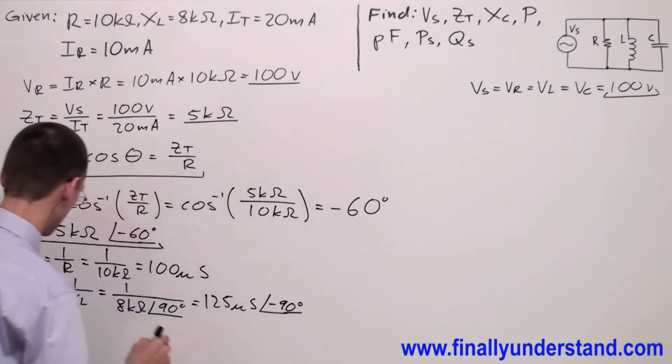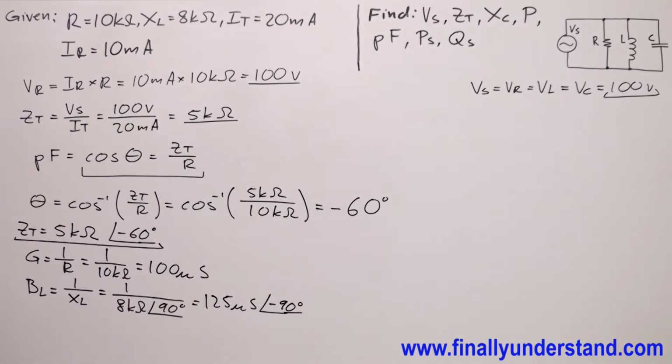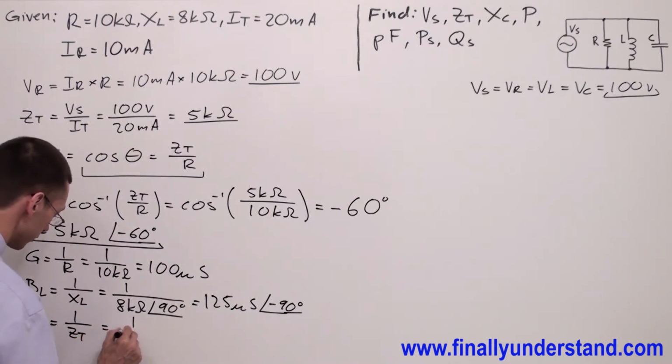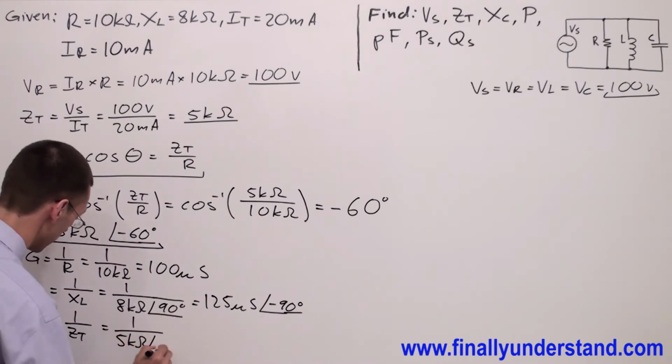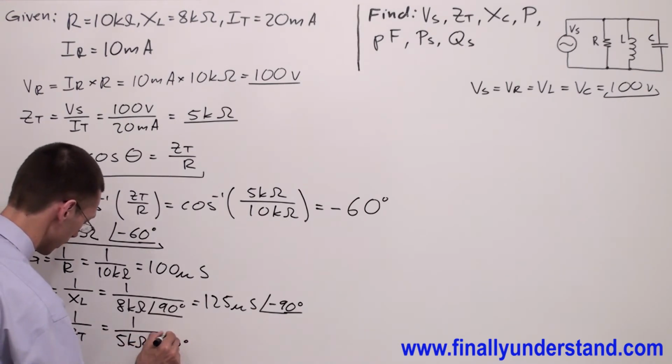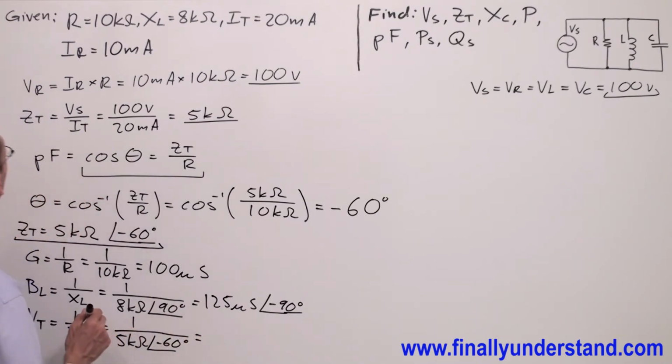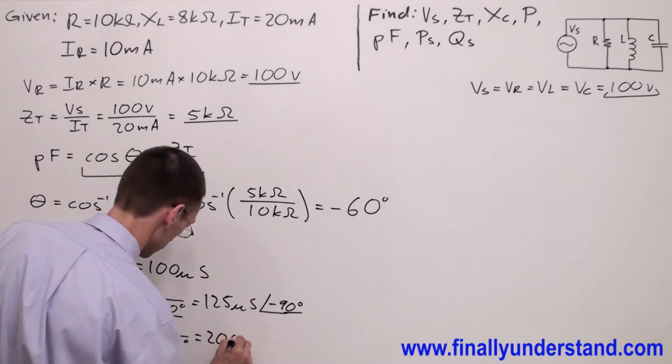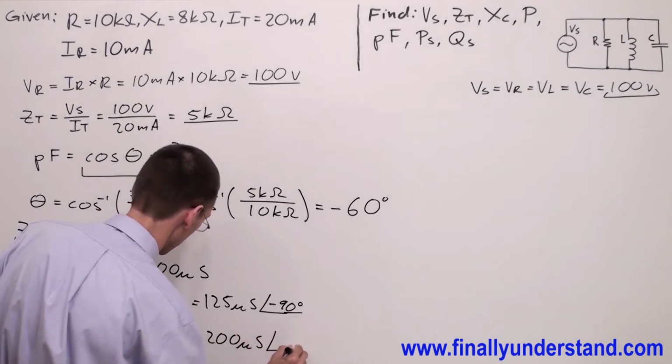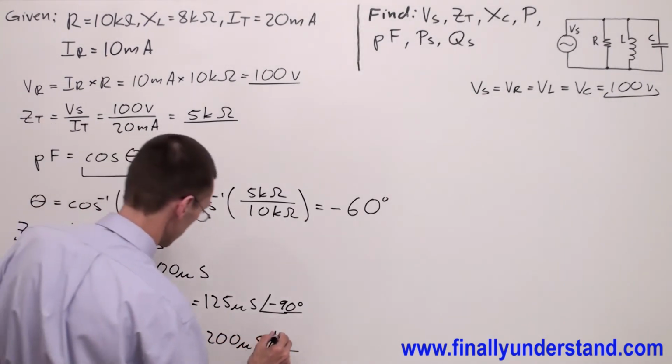And also we're supposed to find the total admittance. Y total is equal to 1 over Z total. This is equal to 1 divided by Z total we found, 5 kilo ohms and angle of negative 60 degrees. So Y total is equal to 200 microsiemens and angle of 60 degrees.